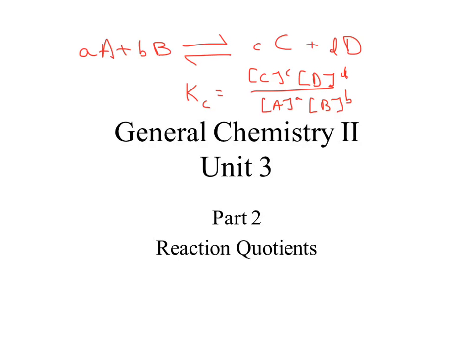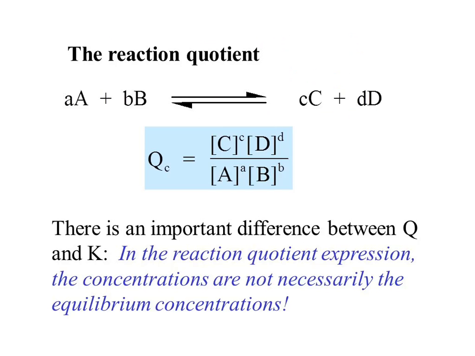Before I go on to the next topic, one more thing I'm going to do is put little subscript E's here. Those are equilibrium molar concentrations, right? All right. Well, in enters this thing called reaction quotients, and it looks like this. Instead of a K, it's a Q, for quotient.